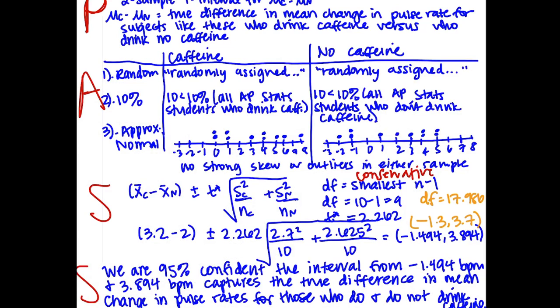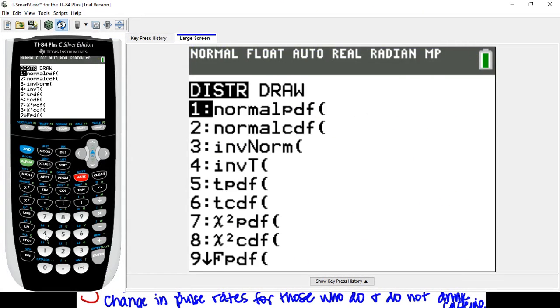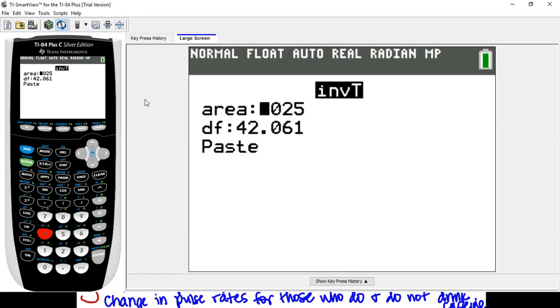And then what I would do instead is cross out this 2.262 and write T star. Or remember, if you want to, you can actually find the T star with inverse T: this is a 95%, so 0.025, and then type in the decimal version, 17.986.